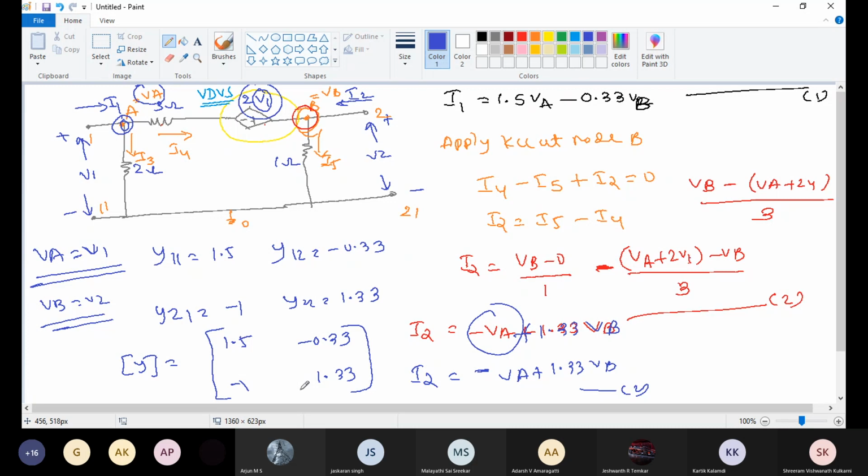Okay. And please don't confuse here. Whenever we are writing the equation for this node, VB minus of this, divided by, see here this is wrong. Check this out, please.